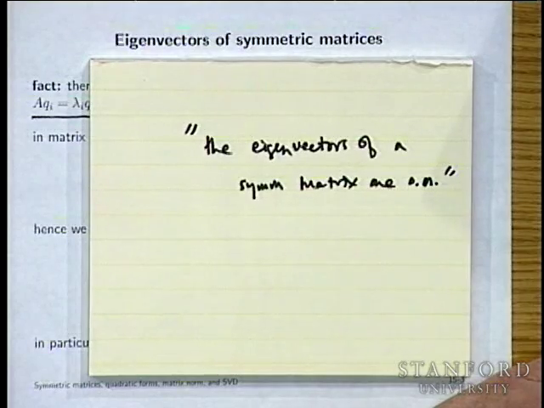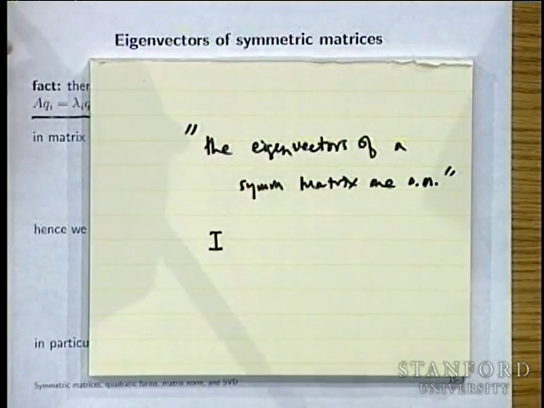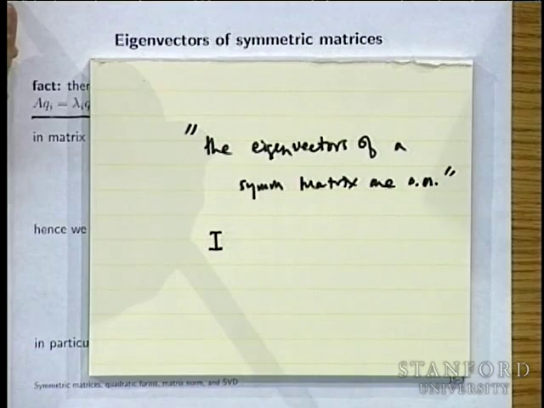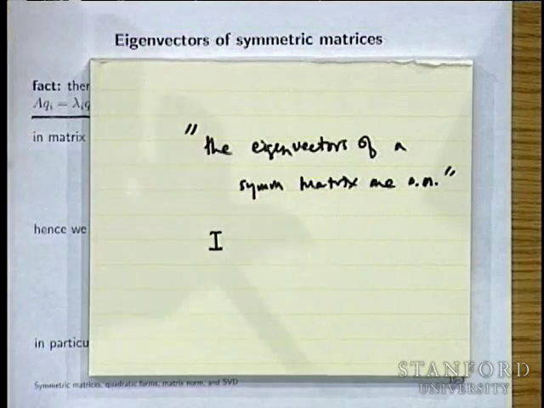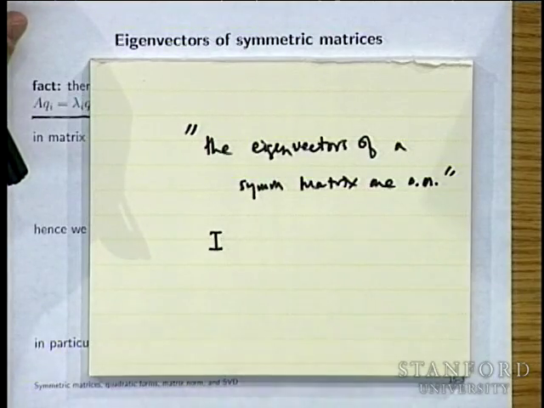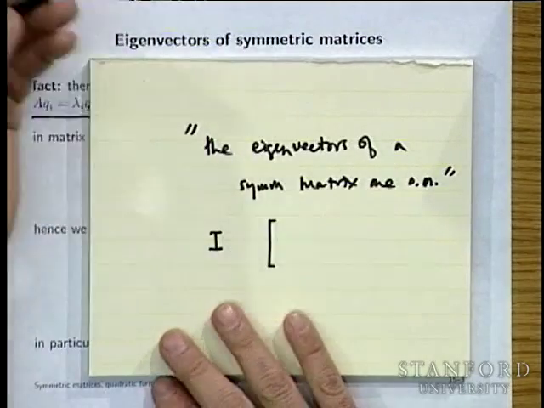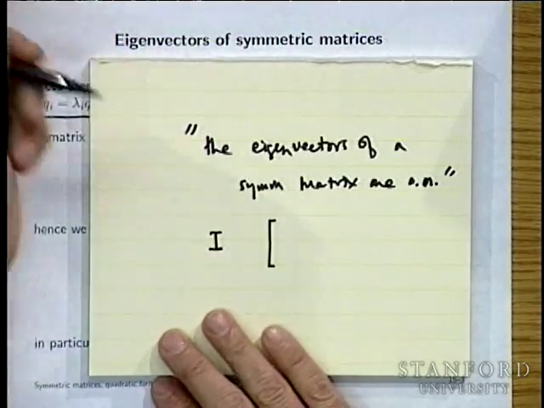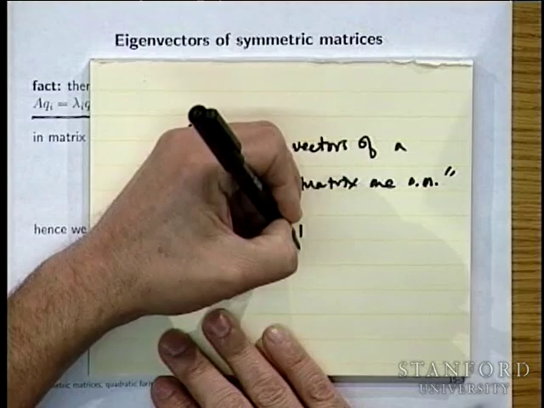So if I have a matrix, here's one, I. That matrix is quite symmetric. What are its eigenvectors? What are the eigenvectors of I? All non-zero vectors are eigenvectors of I. So let's make it 2 by 2, and I could say, okay, here's my choice of eigenvectors for I: (1, 1) and (1, 2).